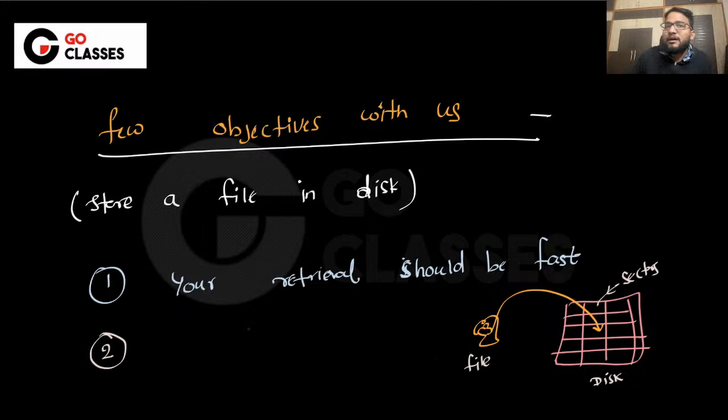Maybe your files or your boxes should not get garbled, which means you should not put one box on another. I want to put one box in just one almirah. So maybe you can say that you should not overwrite the files, right? If I'm writing some file at some location, I cannot write two files at the same location, obviously. So my files should not be garbled, or my data should be safe at least.